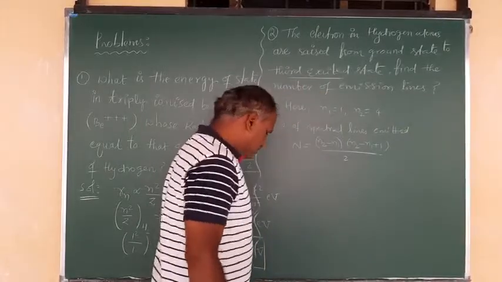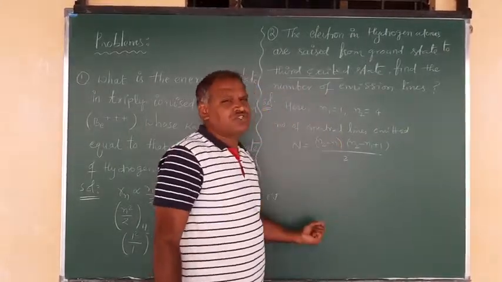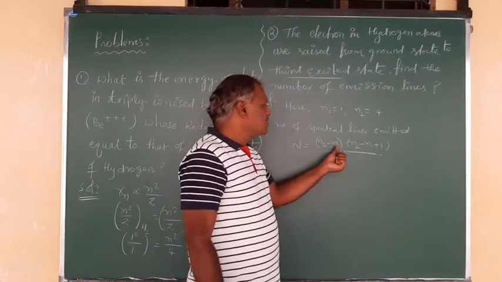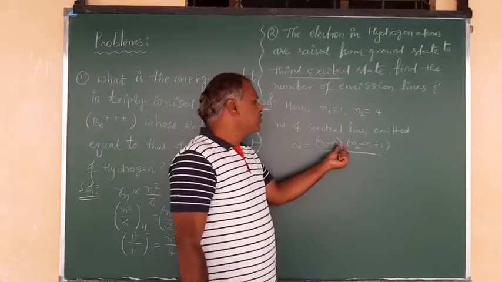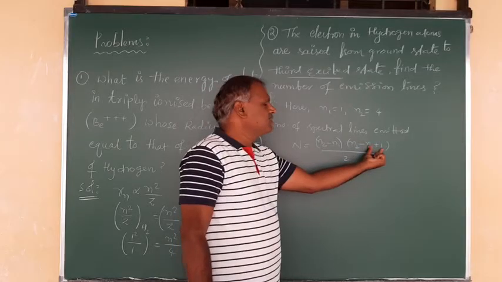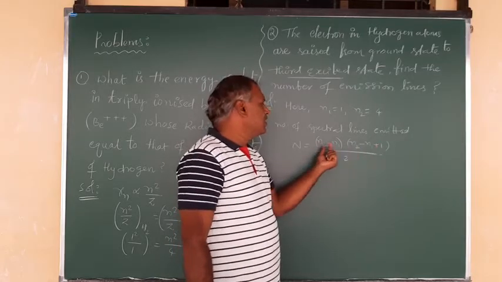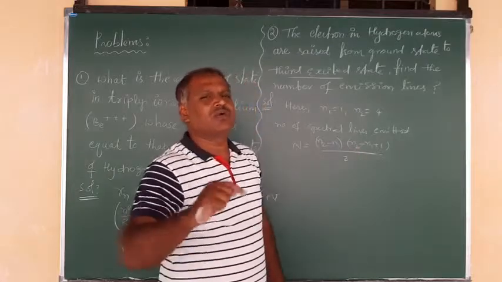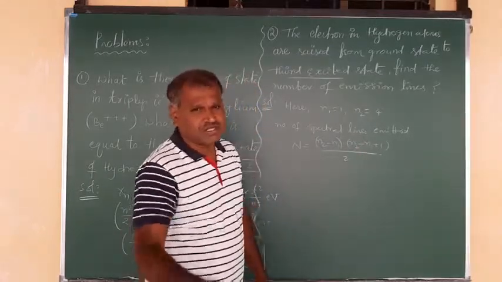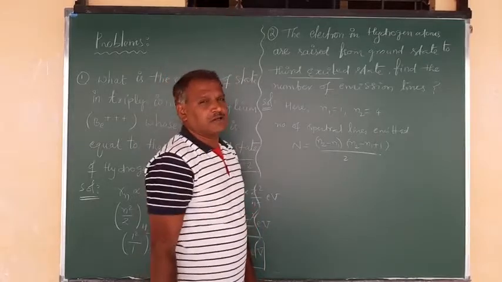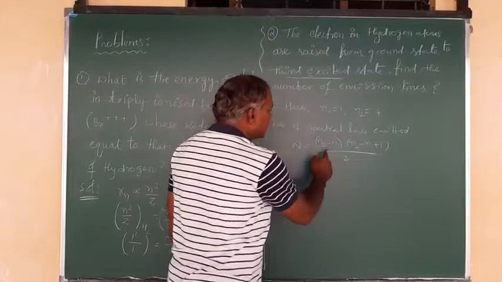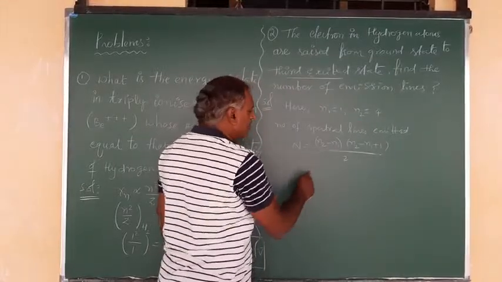Whenever the transition is getting into the ground state, n1 is 1, here also n1 is 1. Writing the equation, the plus 1 and minus 1 cancel, and n2 into (n2 minus 1), where n2 you take as n, so n into (n minus 1) by 2 you get. That is when the transition is getting into the first or ground state, there you observe this number of spectral lines. Now n1, n2 values are there, just put them here and you get that value.